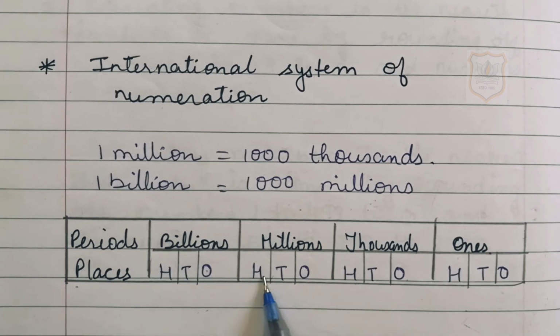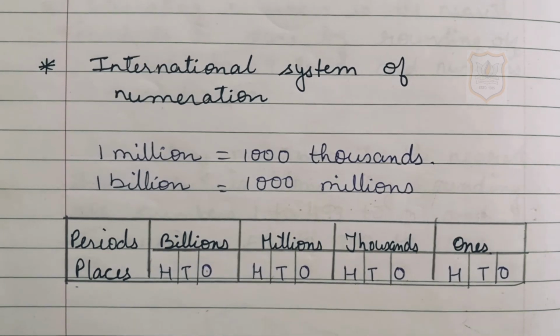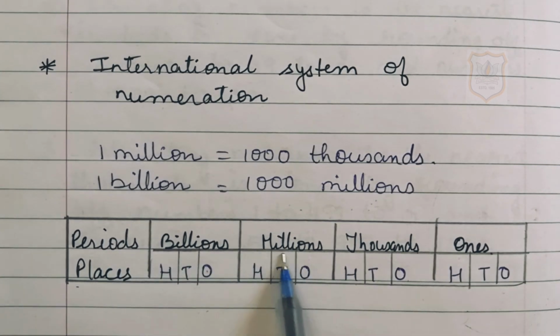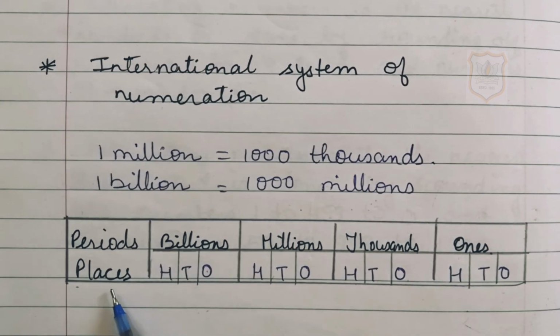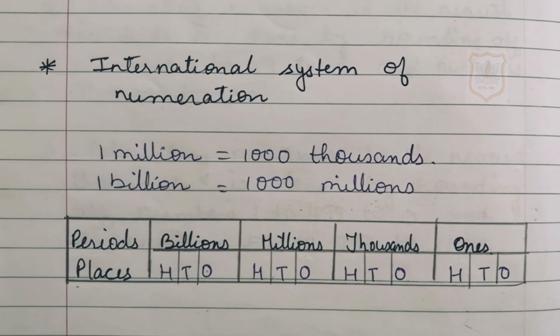The following place value chart can be used to identify the digit in any place in the international system. Here in the place value chart, in the column of periods, billions, millions, thousands and ones are given, and in the next column places are given.